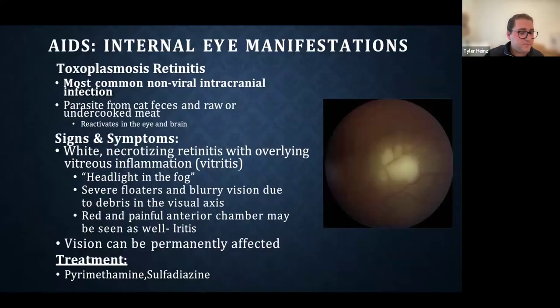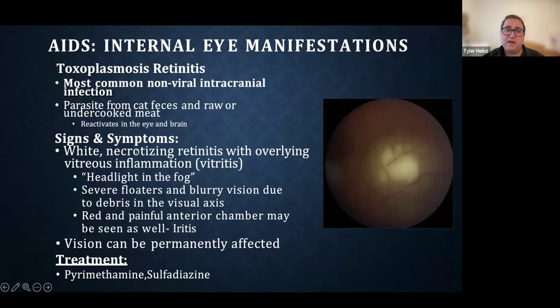Now, moving on, our toxoplasmosis retinitis, the most common non-viral intracranial infection. Parasite is coming from cat feces or raw or undercooked meat, and then it can, of course, travel throughout the body and reactivate in the eye and the brain.